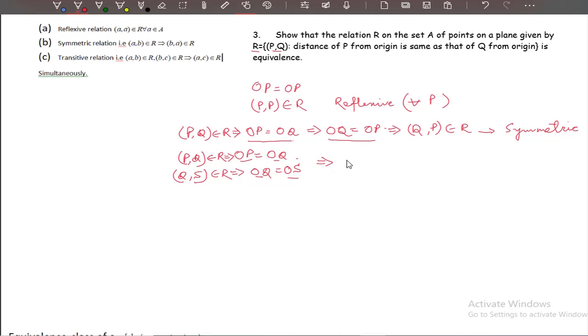It means OP equals OS. So P and S are related. So that is transitivity. So this relation is transitive.